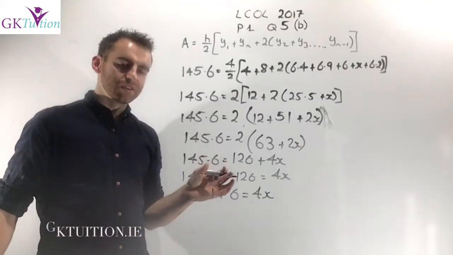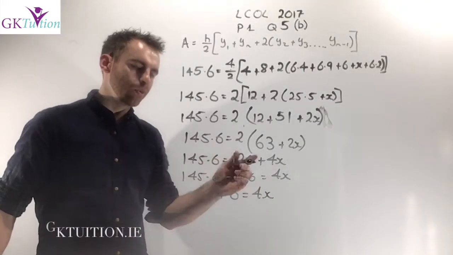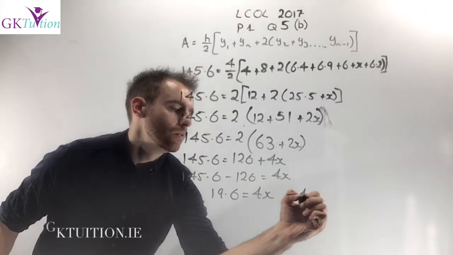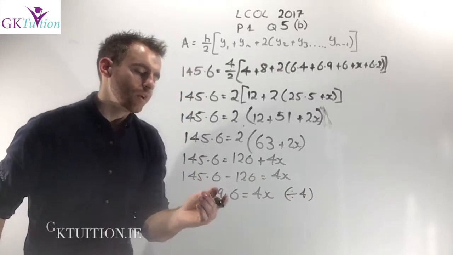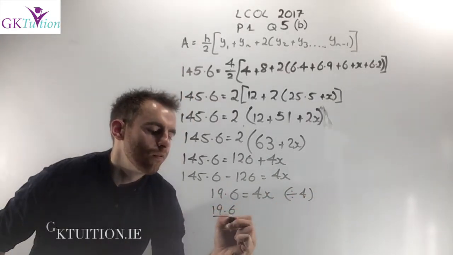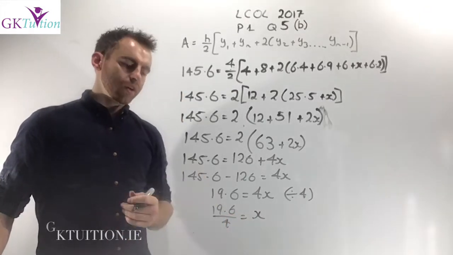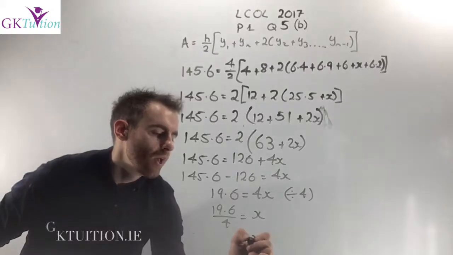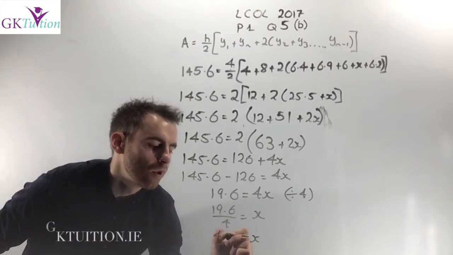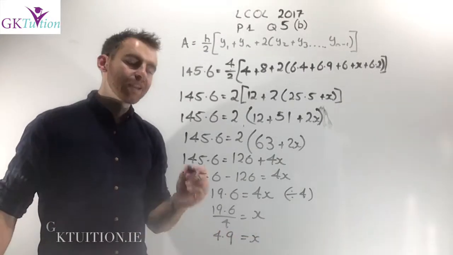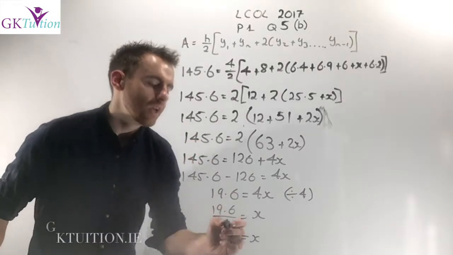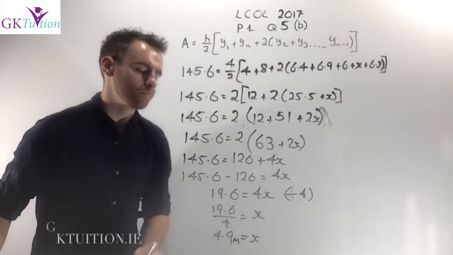In order to get x on its own, all I need to do is divide both sides by 4. So 19.6 divided by 4 is equal to x. And if we plug that into our calculator, x works out as 4.9. And again, remember the units in this case have to be meters.